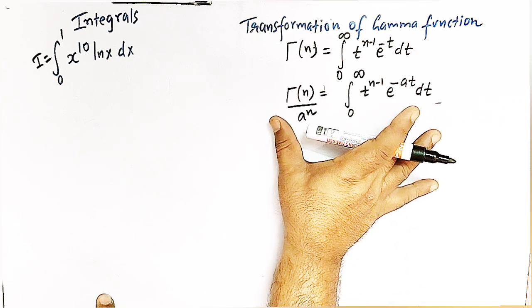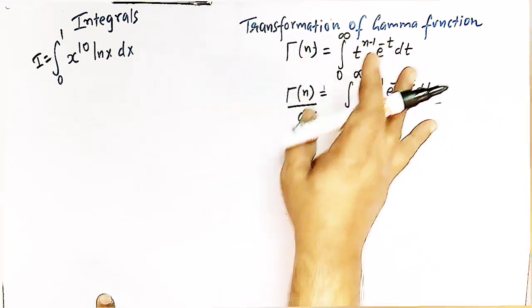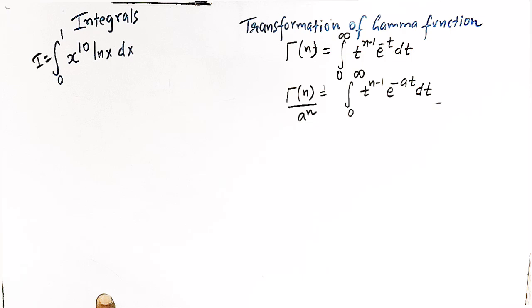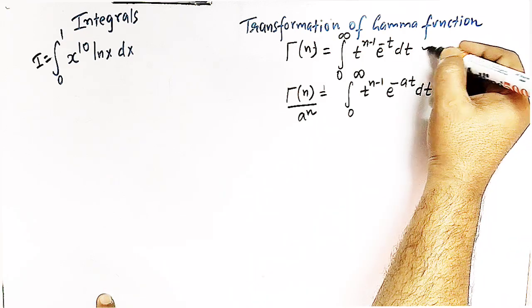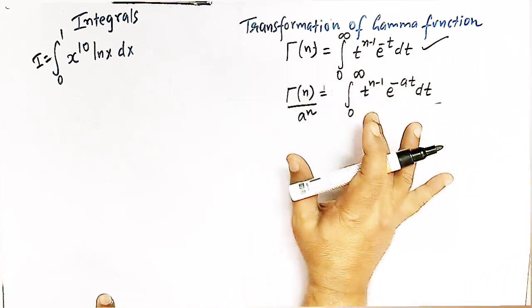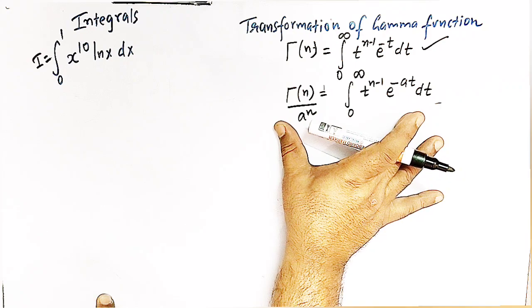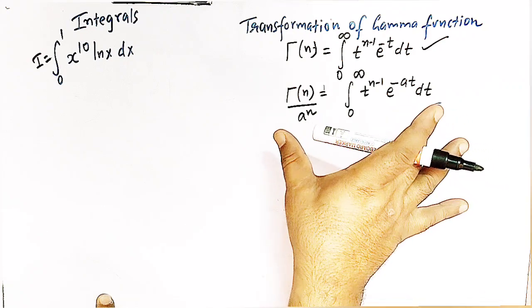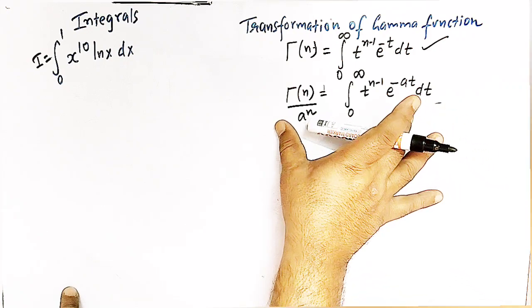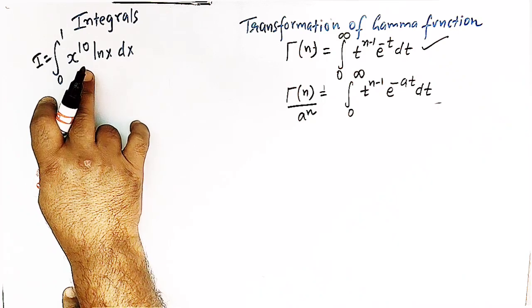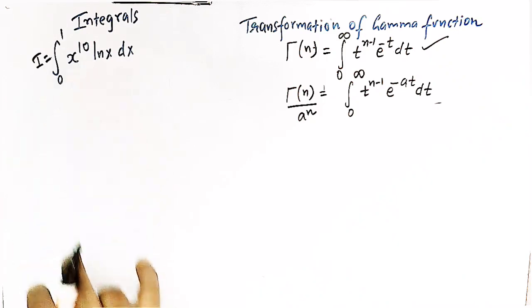So this is the definition of gamma function, and here we have the transformation of gamma function, and this result is going to be used to get the value of this integral.